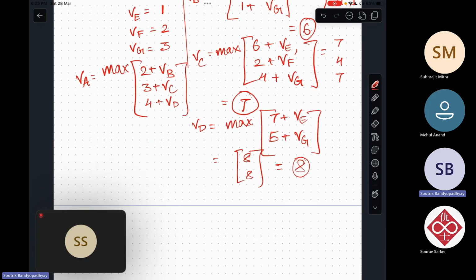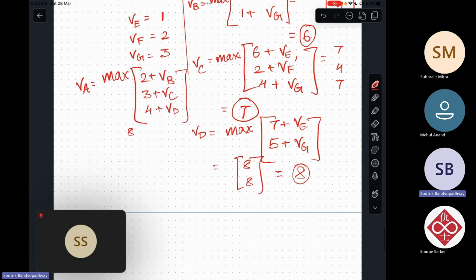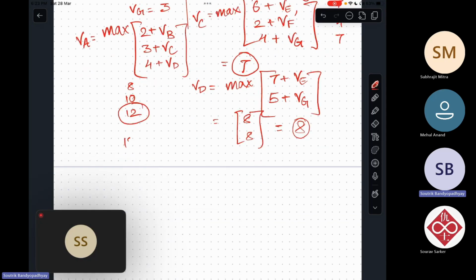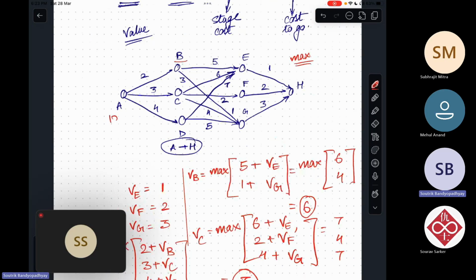So effectively, we can see that this is 2 plus 6 is 8, 3 plus 7 is 10, and 4 plus 8 is 12. So the value of V of A is 12, right? So the optimal cost from A to H is 12 for this maximization problem, right?